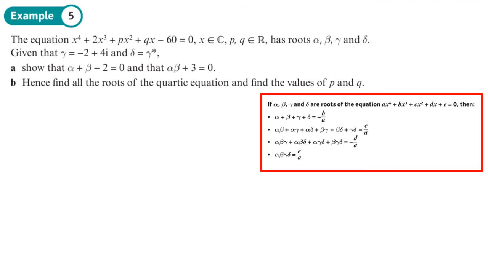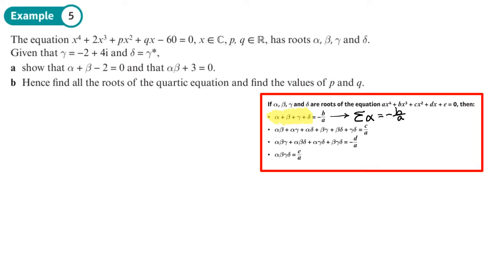Okay, before we start this question, just one or two things that are going to make writing out some of these sums a bit easier. So this first one here, rather than having to write that out all the time, we can just write sum alpha. That means the sum of all the roots. So we can write sum alpha equals negative b over a.